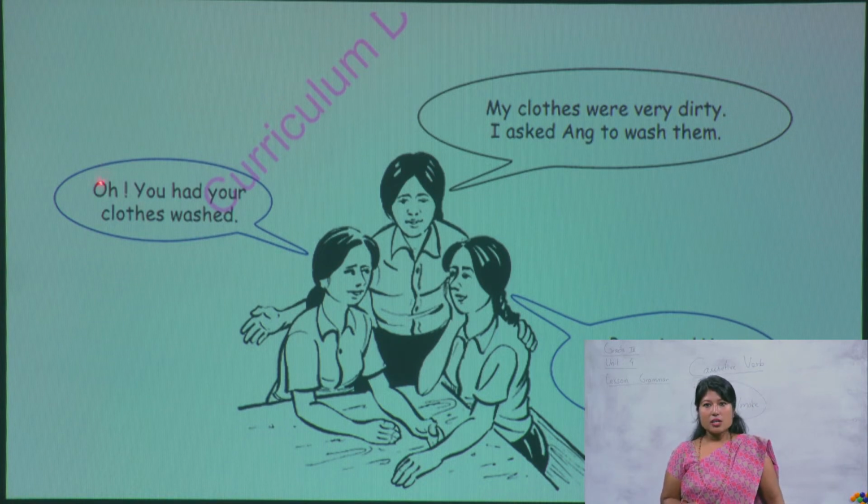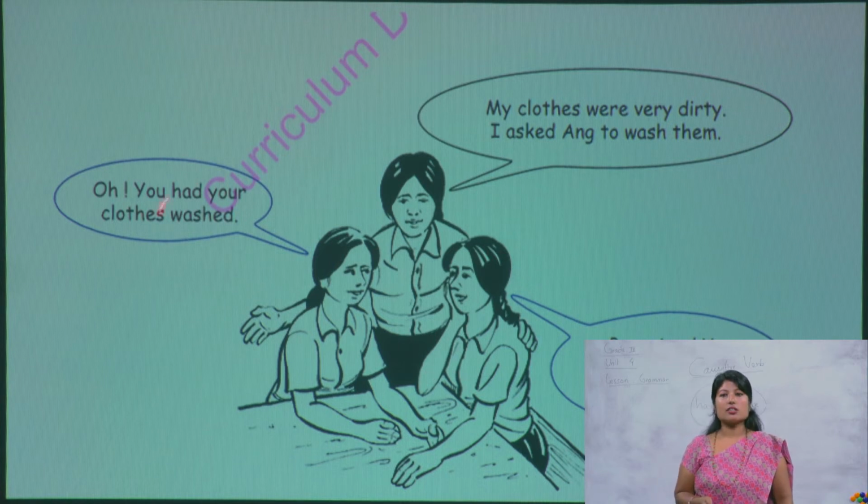Oh, you had your clothes washed. Here only the causative and then the object, right? Directly the object is there, not the agent. The agent is missing. So at that time, directly with had, what is used? The verb washed.